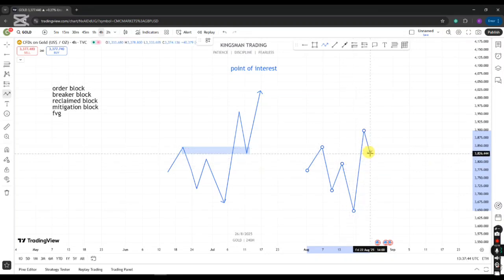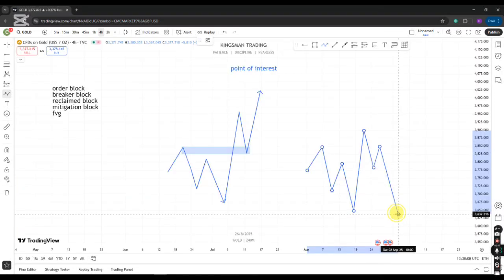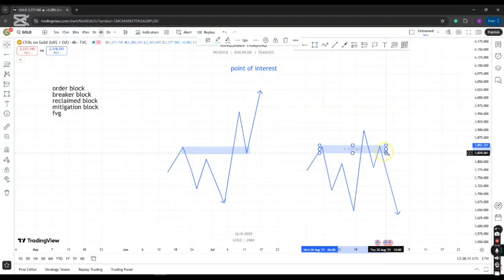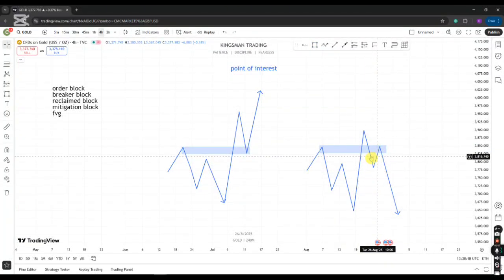If it was to be a breaker block, we would be expecting price to come back and retest this previously invalidated order block and then continue movement to the upside. But price still failed to hold on that breaker block. So we can say a reclaim block is also a failed breaker block. You understand? Then you see price come back to that zone again and continue movement to the downside. Yeah, so this is a reclaim block.